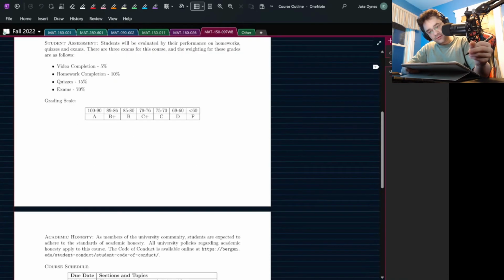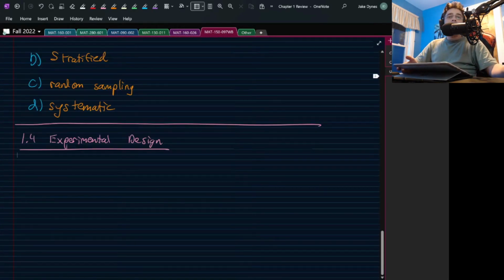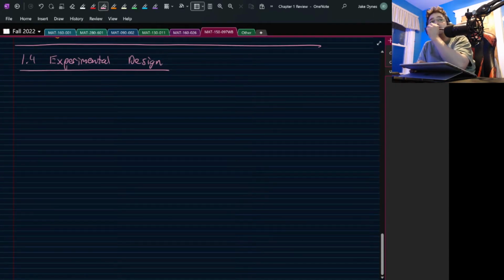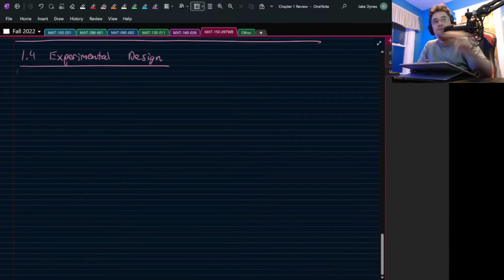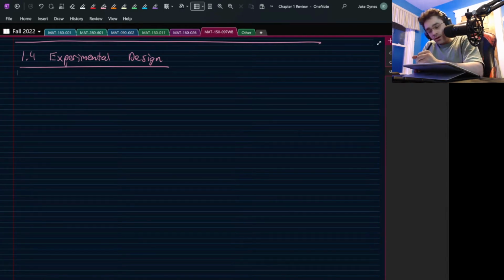Okay, so in this section, they first classify a study into two different approaches. Either one, an observational study, or two, an experimental study.